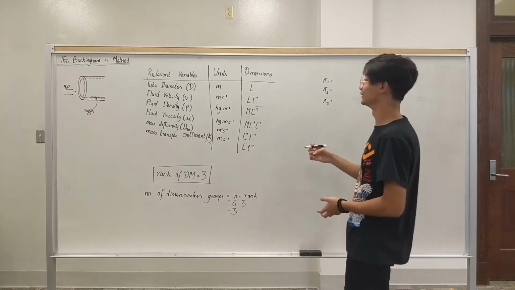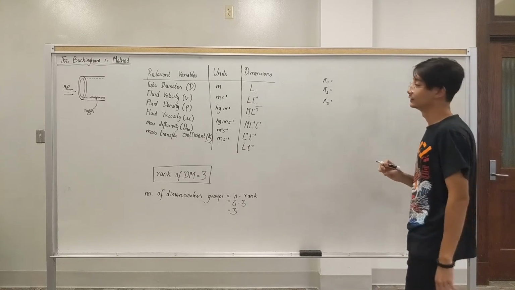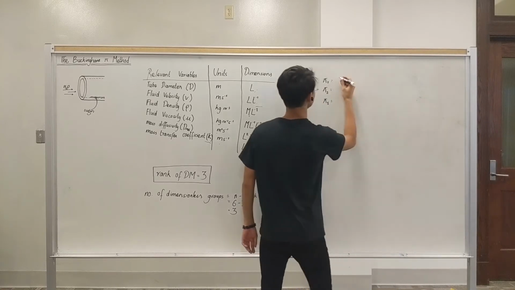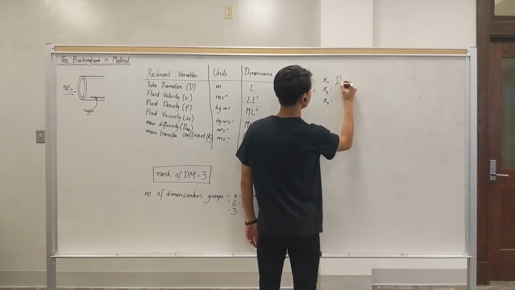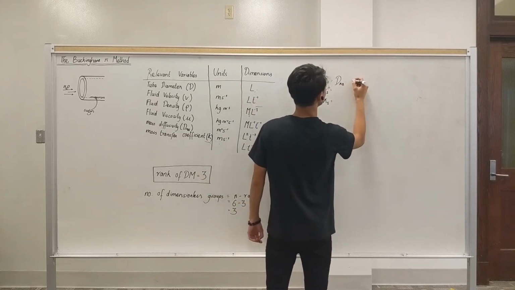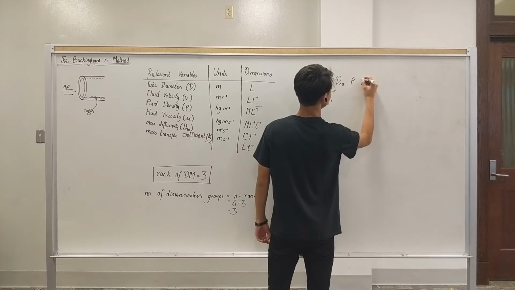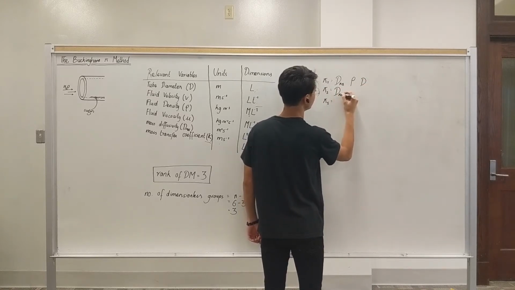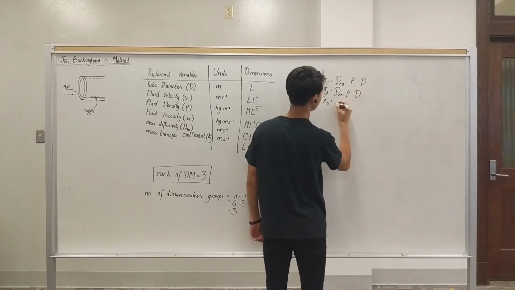We want to isolate it within one of these. So let's go ahead and write down our core group. That's going to be the mass diffusivity, then our density, and finally the diameter. So let's write that down in all of the dimensionless parameters.